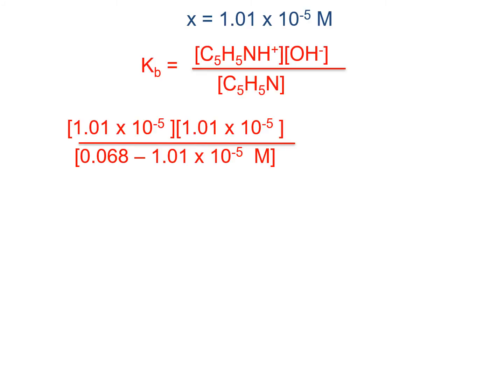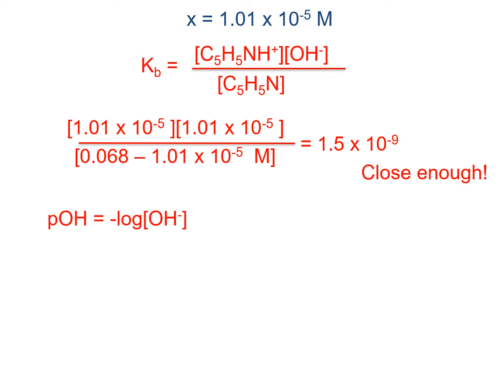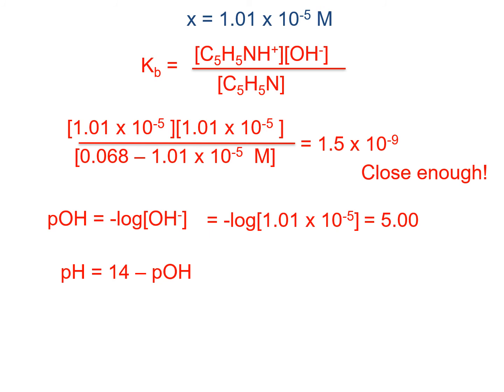I'll do that by putting in my term for both of my numerators, and I get a Kb that's very close to my original value, so the approximation will work here. Then I can put it into my pOH formula, get a value for pOH, and then subtract from 14 in order to get my pH. So at the beginning, straightforward, weak base problem.